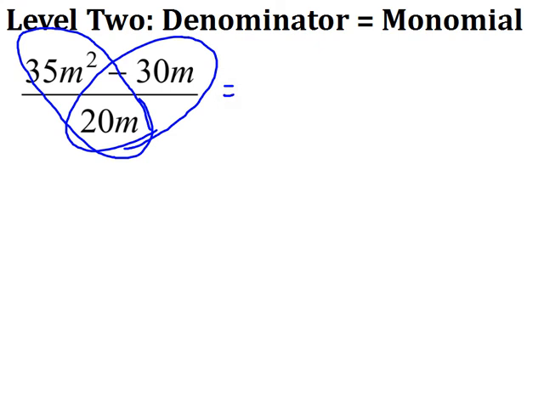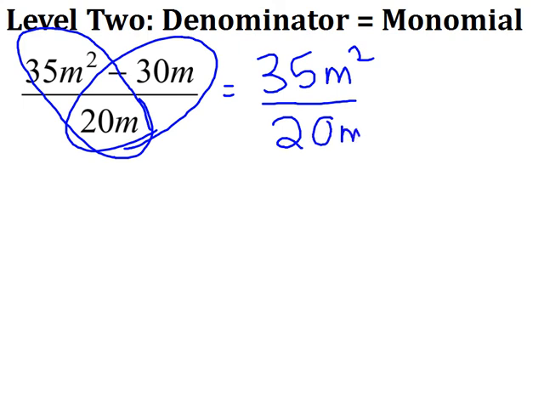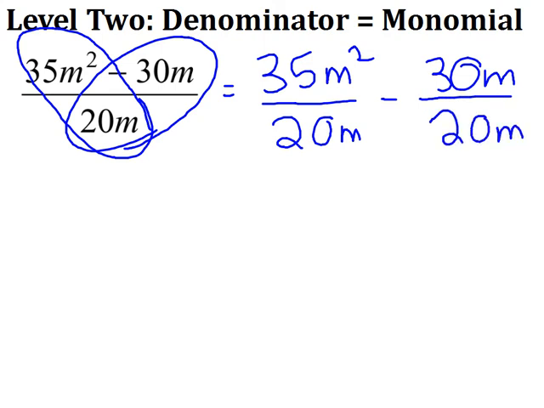So I would have 35m squared over 20m minus 30m over 20m. And then you would reduce each one of those fractions by themselves. You could even change it to addition and make that one negative to change the signs at the opposite. And you could simplify both of those like we did in level 1.